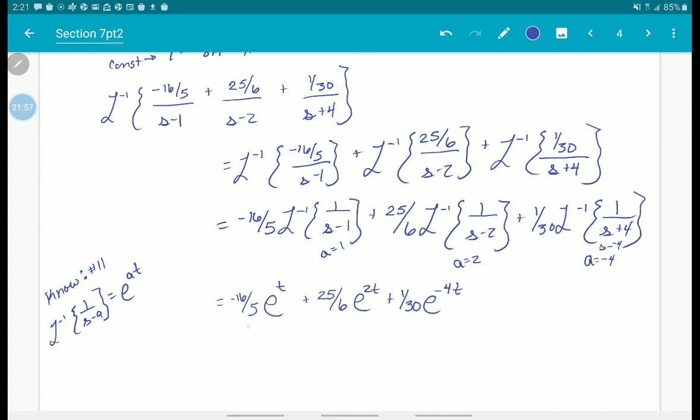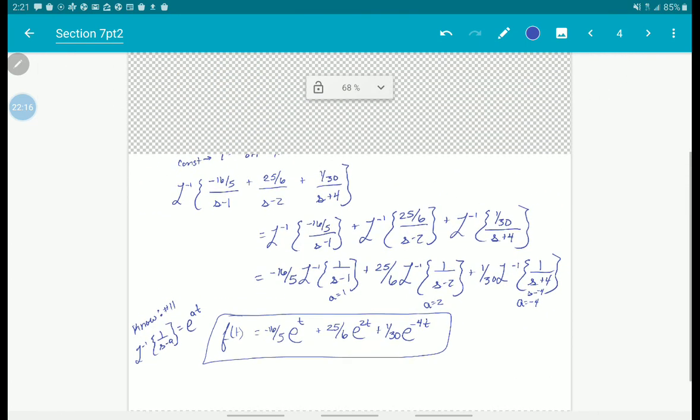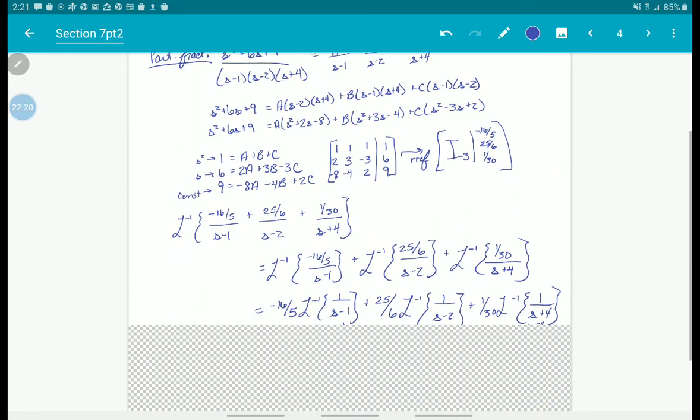We're going to have negative 16 over 5 e to the t, plus 25 over 6 e to the 2t, plus 1 over 30 e to the negative 4t. So there's our f of t function. That's the inverse Laplace of what we started with up here. So there's our final answer.